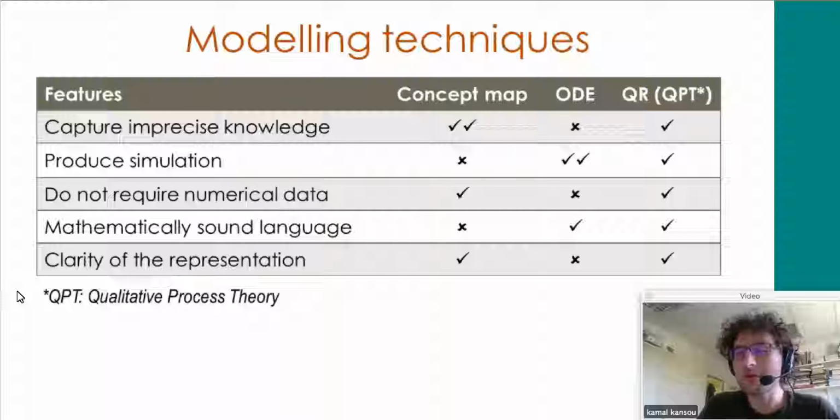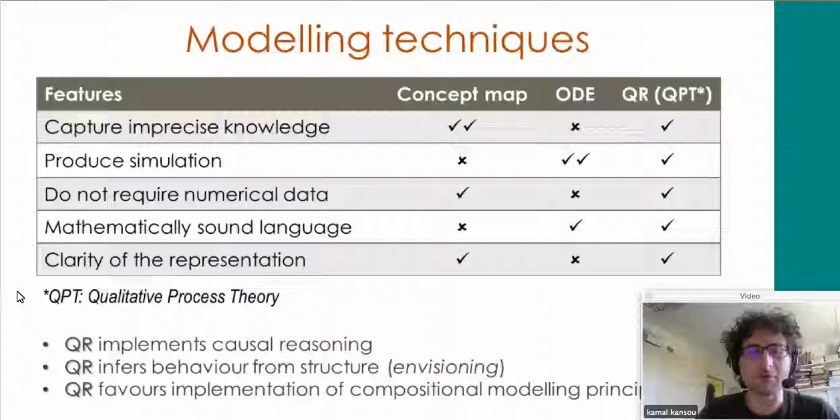theory. So qualitative reasoning is a field from artificial intelligence, and the goal of qualitative reasoning is to implement causal reasoning, and qualitative reasoning infers behavior from structure. This is called envisioning.